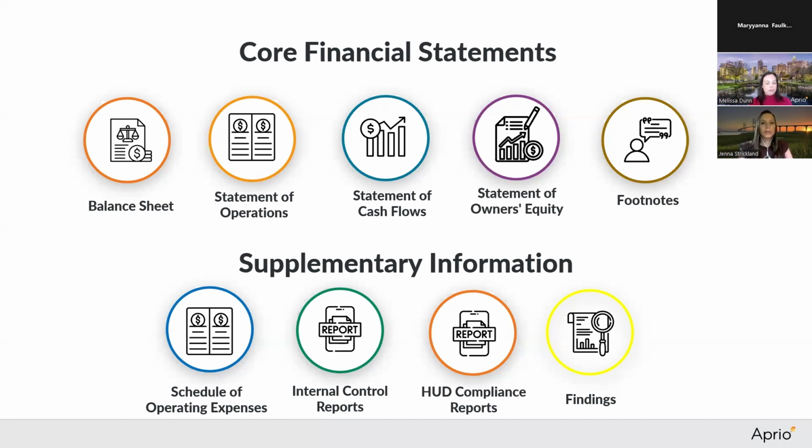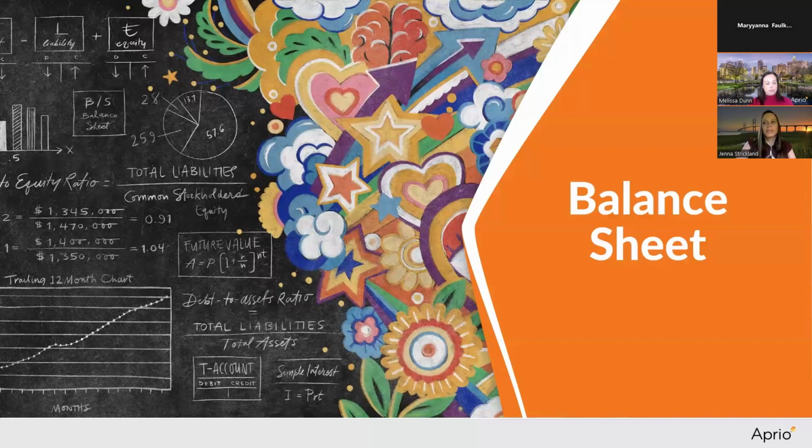The findings are going to delve into that and give you the detail behind it, and more importantly, talk about how you can improve in those areas. So those are our core financial statements and our supplementary information that make up an audit. And we're going to go into detail on all of those throughout the presentation. So I'm going to pass it back to Melissa to cover the balance sheet.